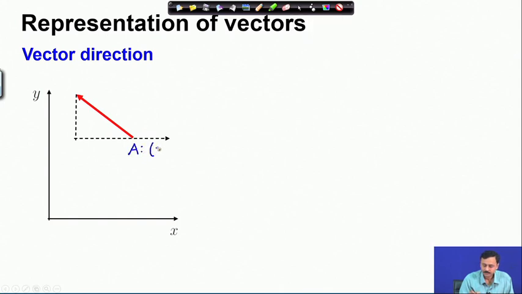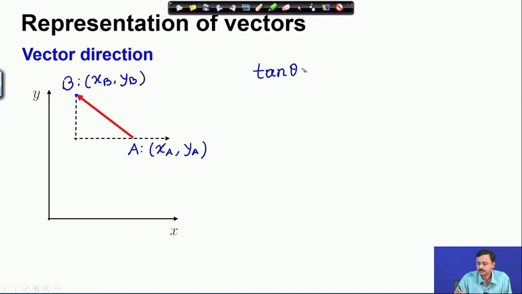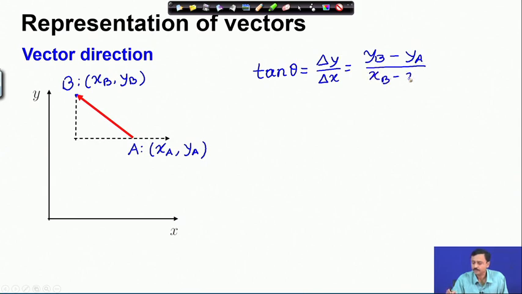So, this is point A. And here is point B. I have defined tangent theta as delta y by delta x is equal to y coordinate of the final point minus y coordinate of the initial point divided by x coordinate of the final point minus x coordinate of the initial point.